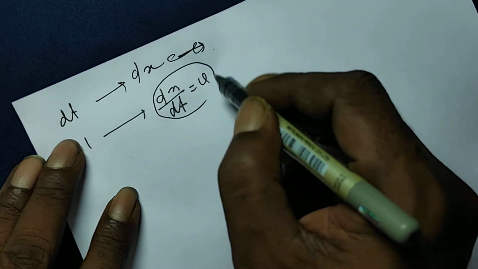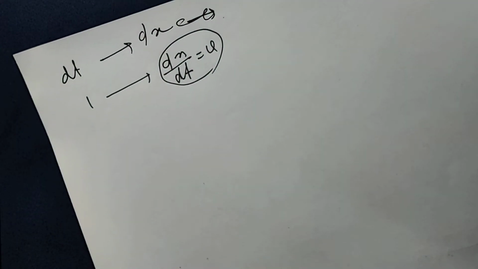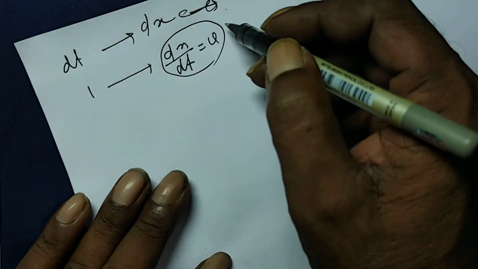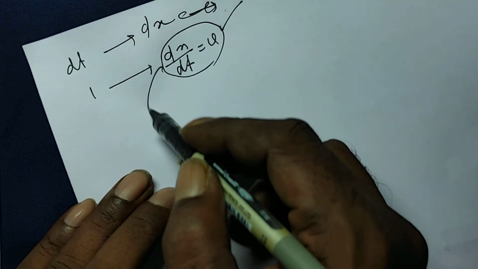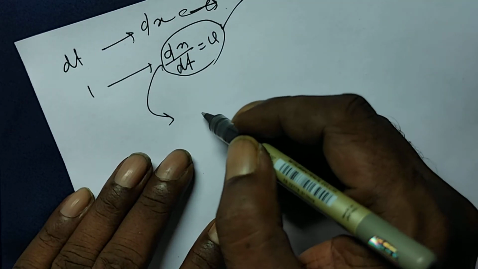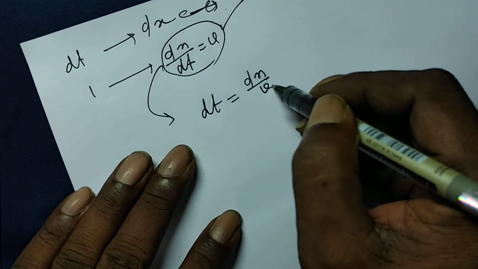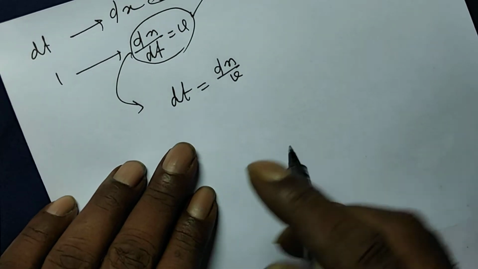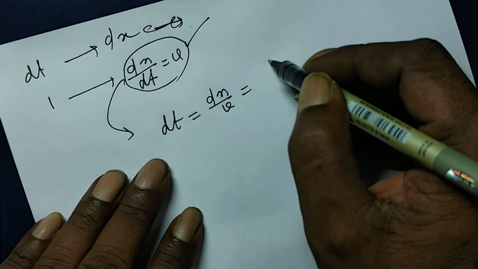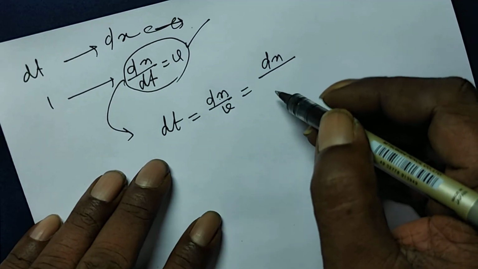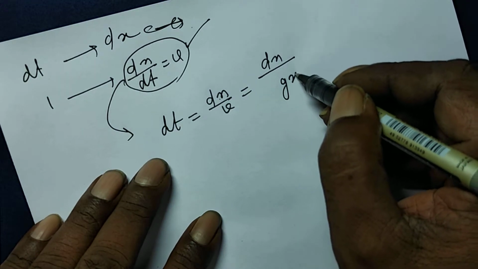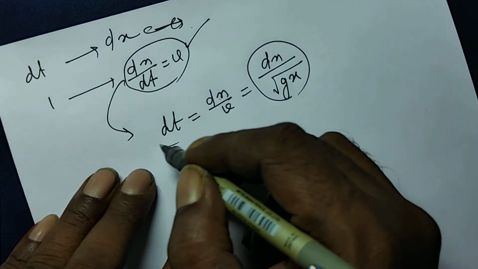So that is your velocity, and in this case the velocity is variable, therefore you have to use this expression. If you cross multiply this, you get dt is equal to dx over v. Now where dx and velocity we just calculated as square root of g x.